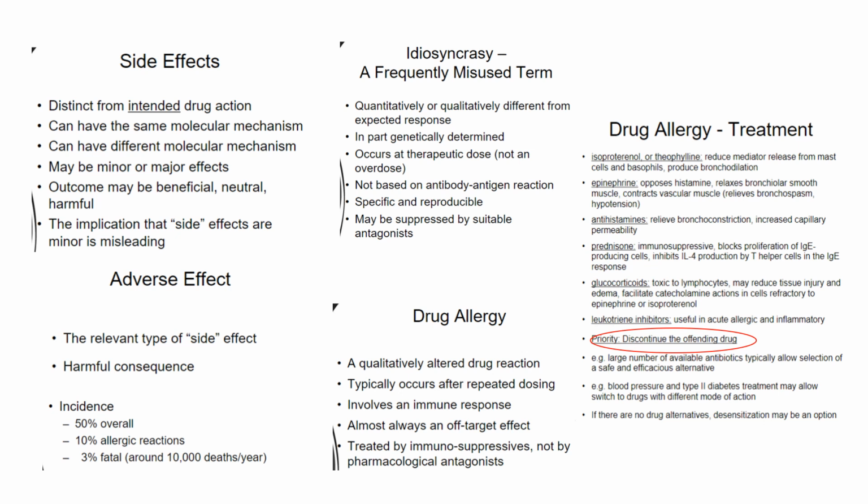As far as prevalence of adverse effects, 10% of adverse effects are allergic reactions, and 3% of reported adverse effects are life-threatening or fatal. Take this with a grain of salt, just in the sense that these are reported adverse effects. If you have a more severe reaction, you're obviously more likely to report a drug.